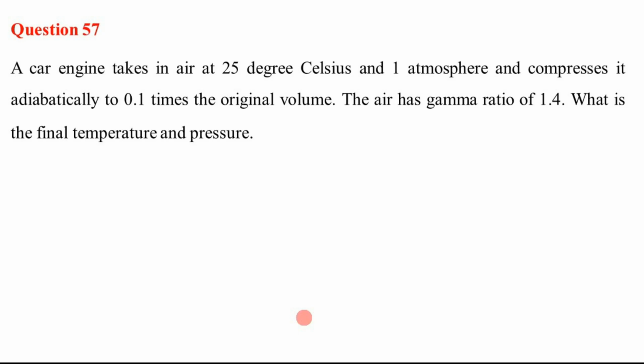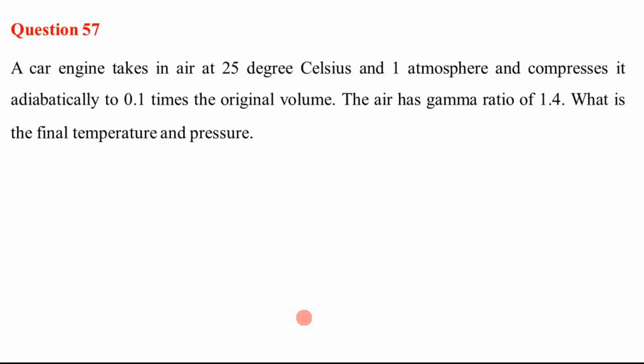Question 57 is saying a car engine takes in air at 25 degrees Celsius and 1 atmosphere and compresses it adiabatically to 0.1 times the original volume. That means the original volume is V1 and the final volume is 0.1 times V1.